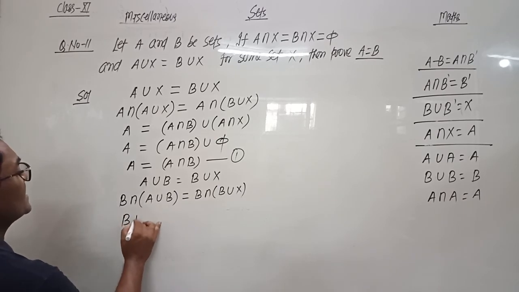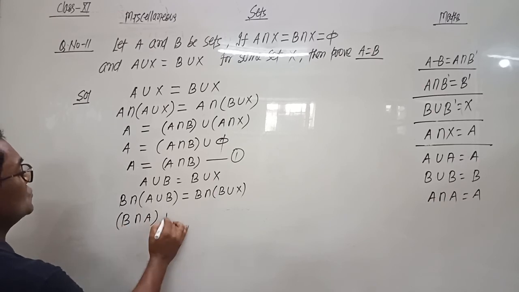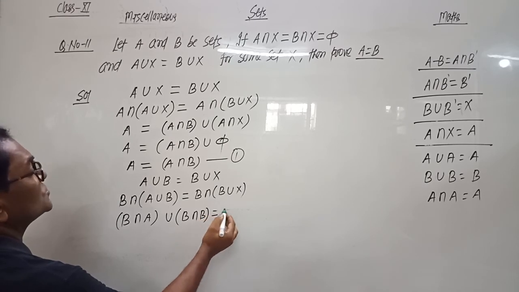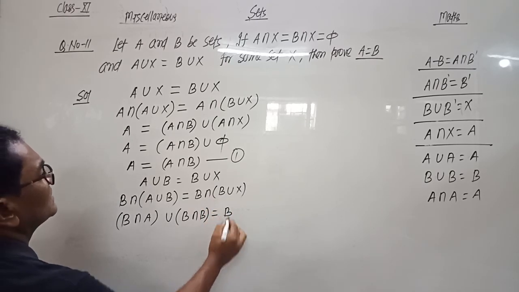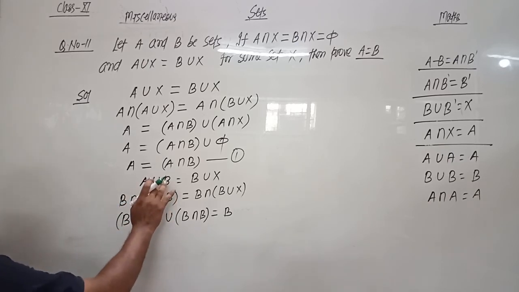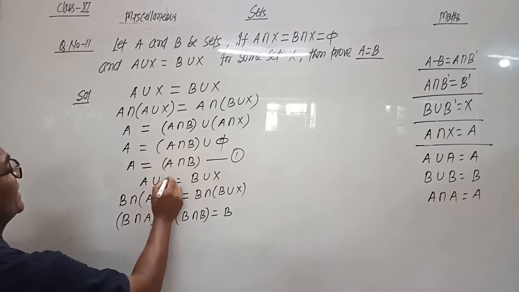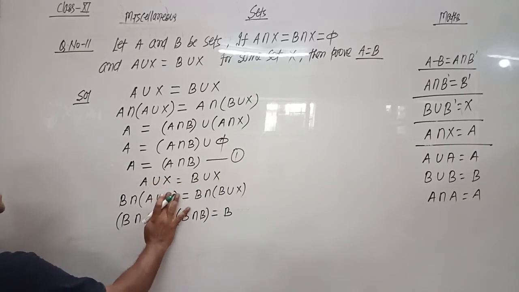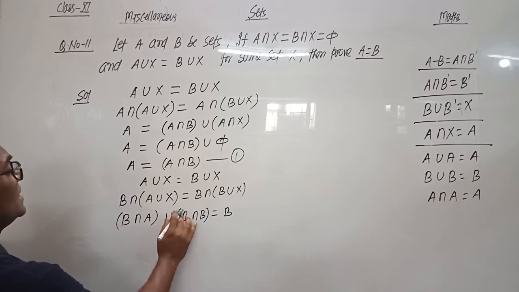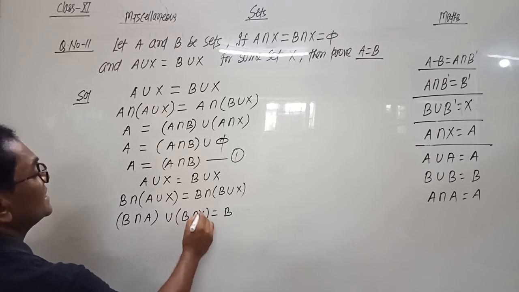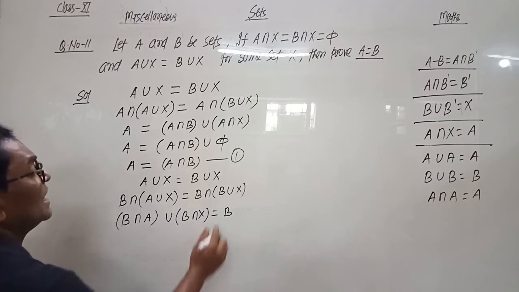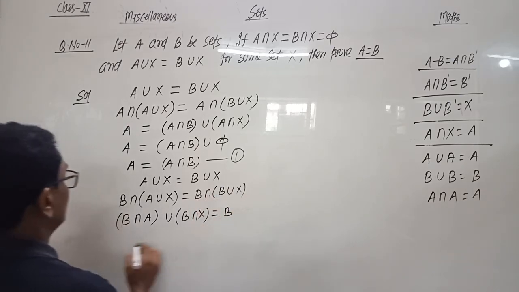So (B intersection B) union (B intersection X). So B intersection X can be written as phi, and B intersection (B union X) equals B.